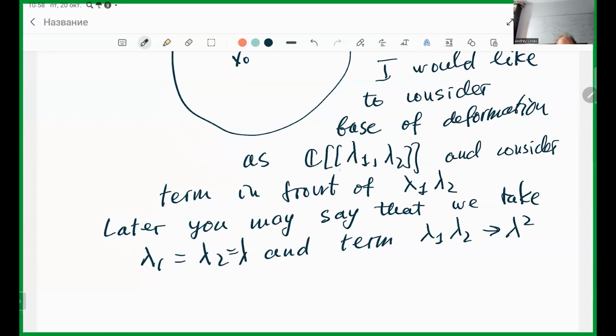However, conceptually, that's what I would like to do. I would like to understand deformation to the second order as a deformation of the theory that was deformed to the first order. Okay?